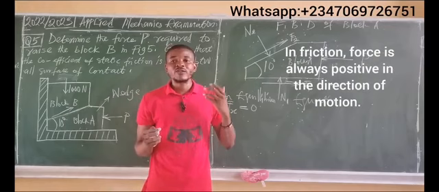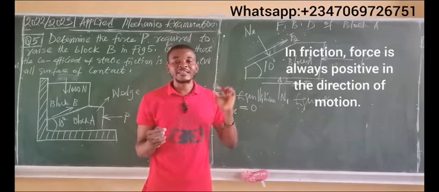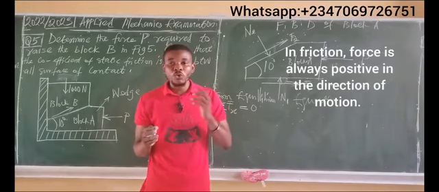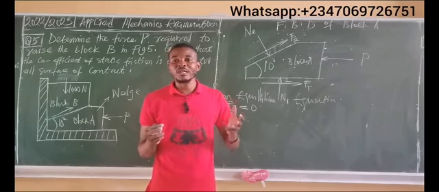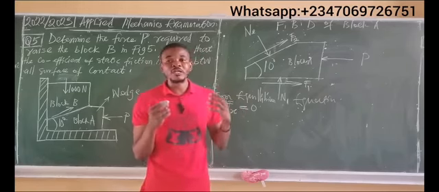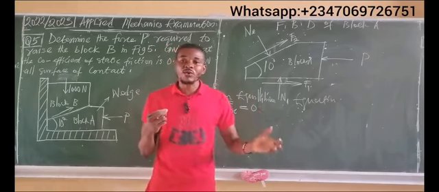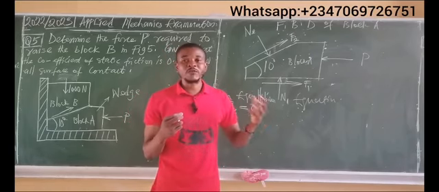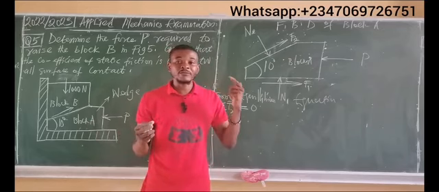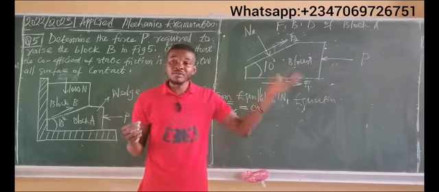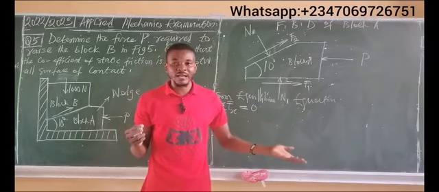In friction, force is always positive in the direction of motion. So if the direction of motion is to the left, then every force that points to the left is positive, because at that point all the objects are moving in favor of the force. Forces that point to the right become negative. So that's the difference between friction and shear force and bending moment, which we talked about earlier.